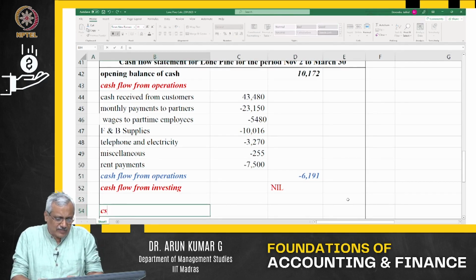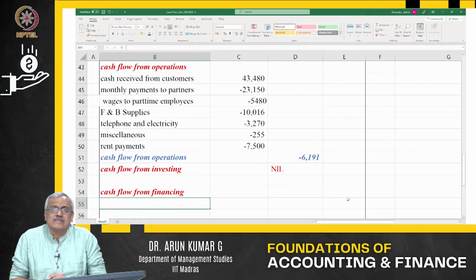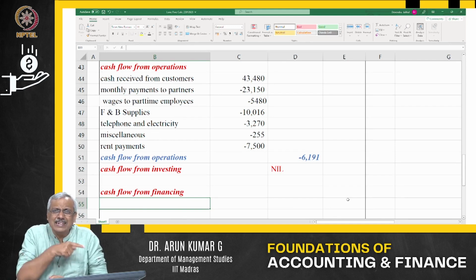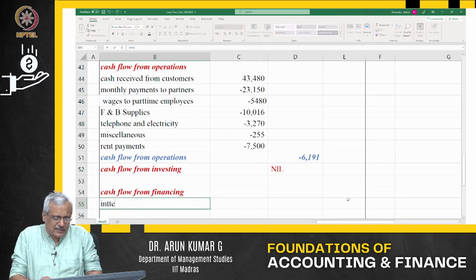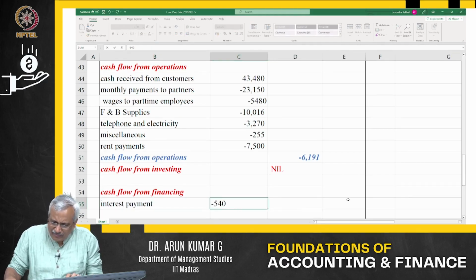I will say cash flow from financing activity. If I look at cash flow from financing activity, I have paid interest. So what is the interest that you have paid? Negative 540.